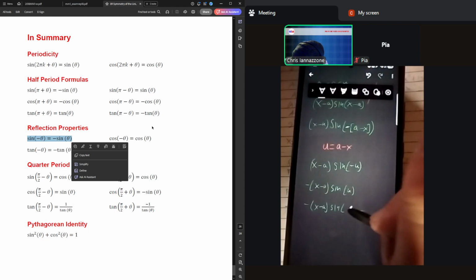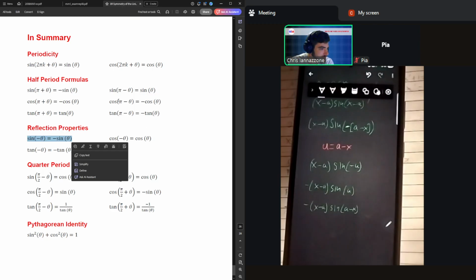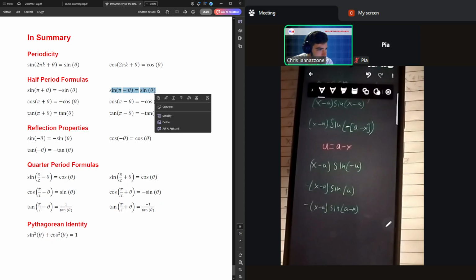Sine of a minus x. And sine of a minus x is this one that's highlighted on the screen share. Pi minus theta, a minus x, where a is pi and minus theta is your minus x there.